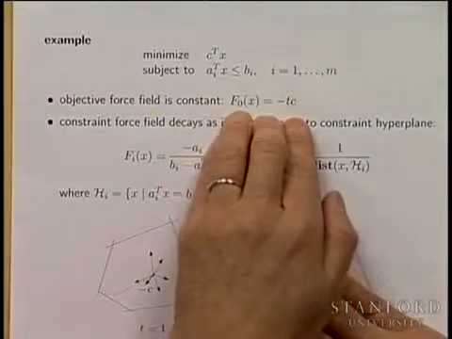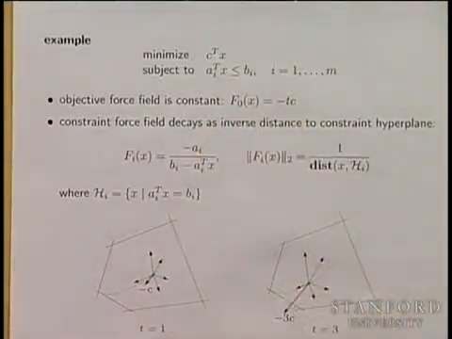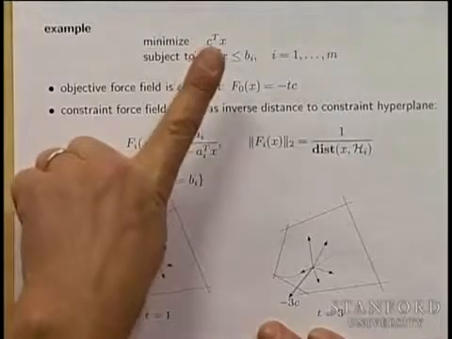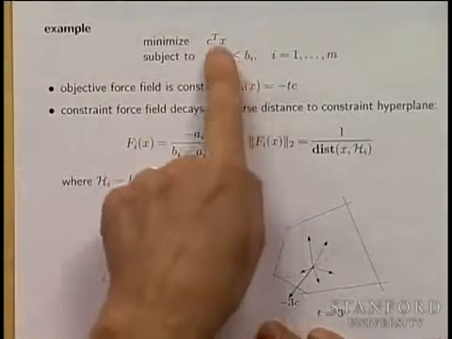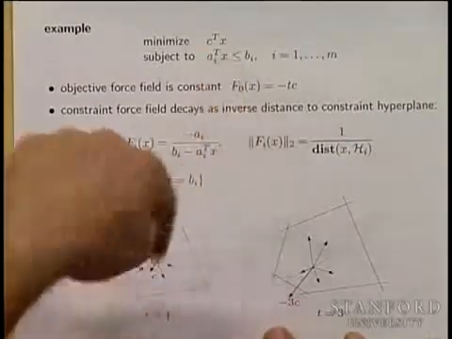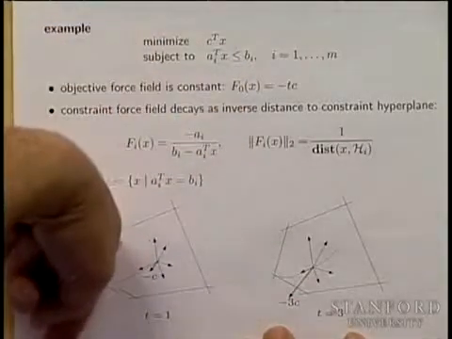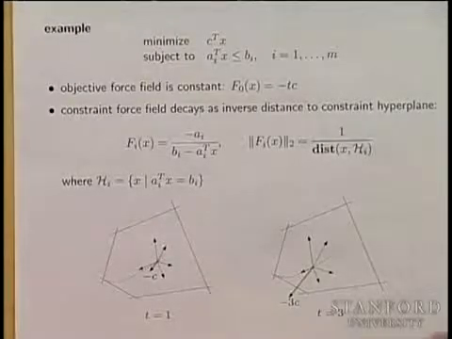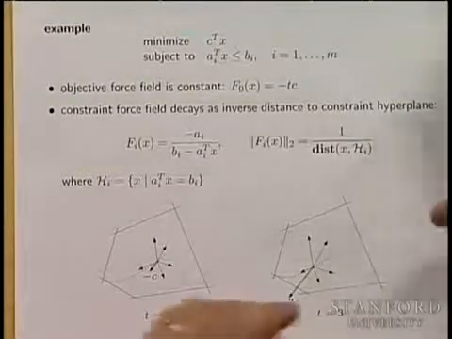That's what this force field is. That's the objective. So here's our point. Where's c? c is apparently this direction. So the force contributed by the objective is simply a constant force in this direction. It's pushing you towards values of low c transpose x, which is obviously what you want to do.